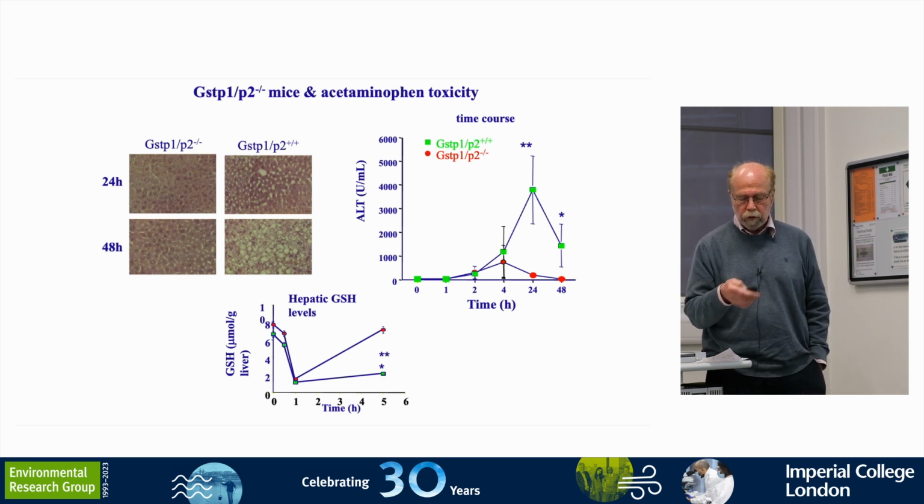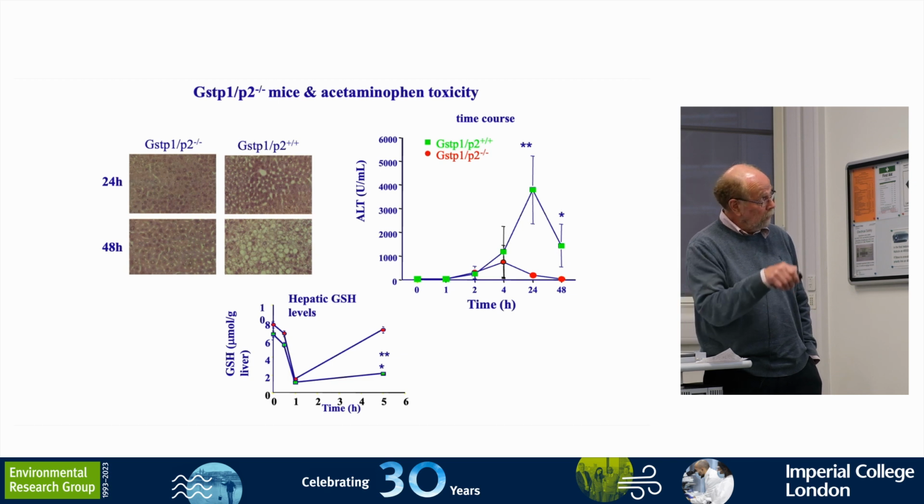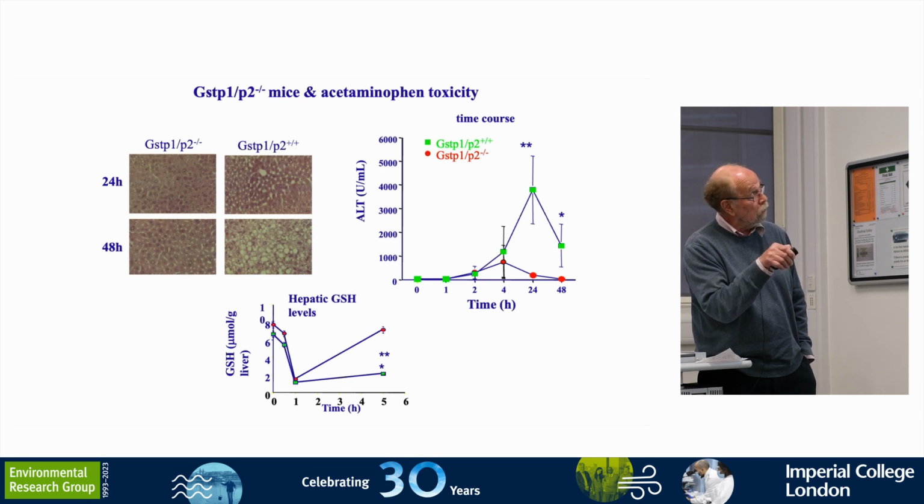So we crossed the GST pi null mouse into an oxidative stress reporter mouse. And when you do that, what is really interesting and tells you mechanistically what is going on is that here we have the wild-type mouse where you see the induction of oxidative stress using a heme oxygenase 1 reporter animal.